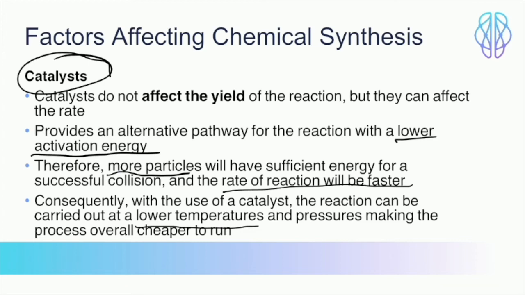Increases in temperature are incredibly expensive to keep running for a prolonged period of time. If you can use a catalyst and get that increase in rate anyway, what is the point of keeping a sustained increase in temperature where you're just burning fossil fuels? And not only is that using money, it's also bad for the environment, right? So catalysts have a twofold advantage. Not only do they help increase your rate of reaction, they also allow you to run the overall chemical synthesis pathway at a lower temperature.